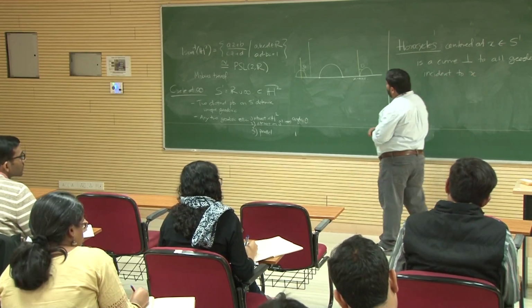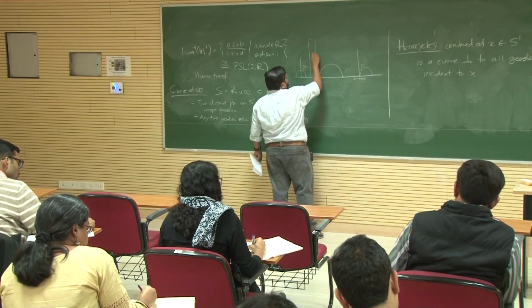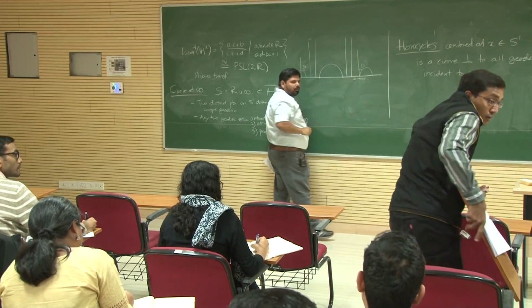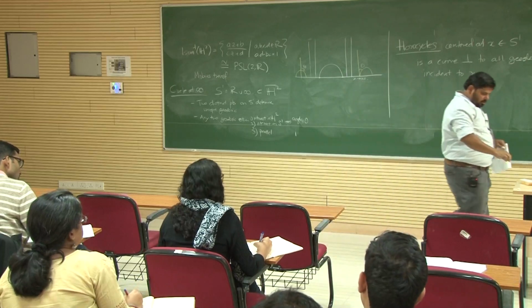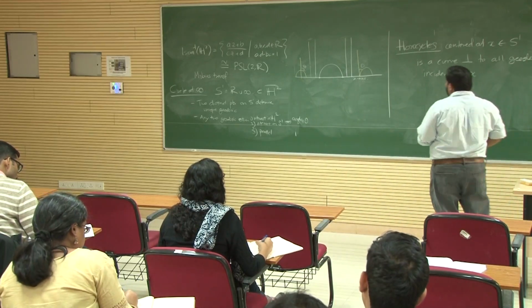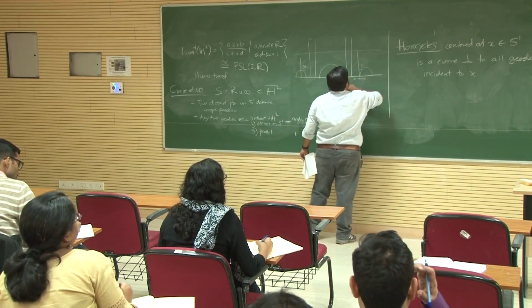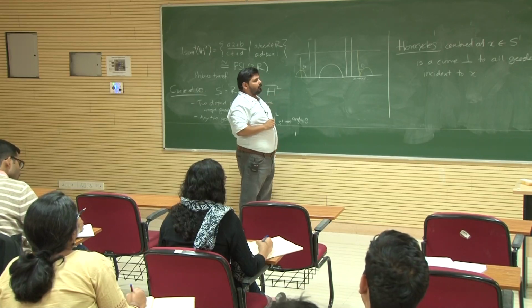So what is going on? Here are all geodesics incident to infinity, all the vertical lines. And now you are looking at a curve which is perpendicular to all vertical lines, which is a horizontal line. So that's a horocycle.